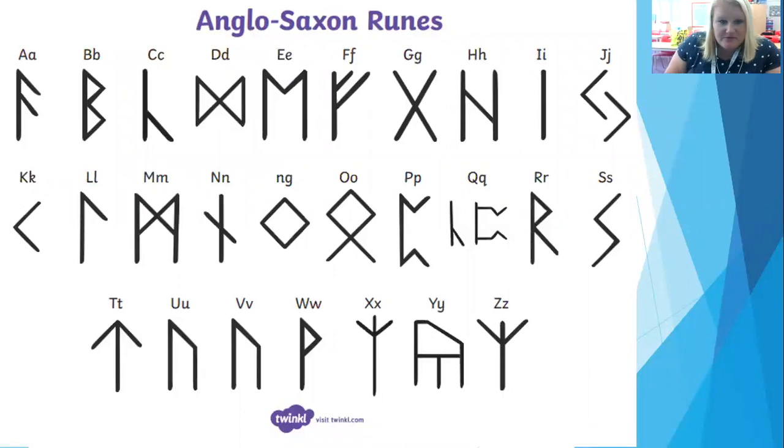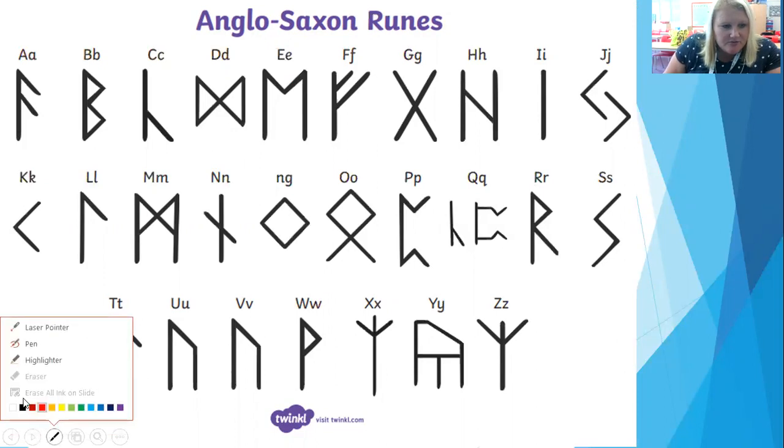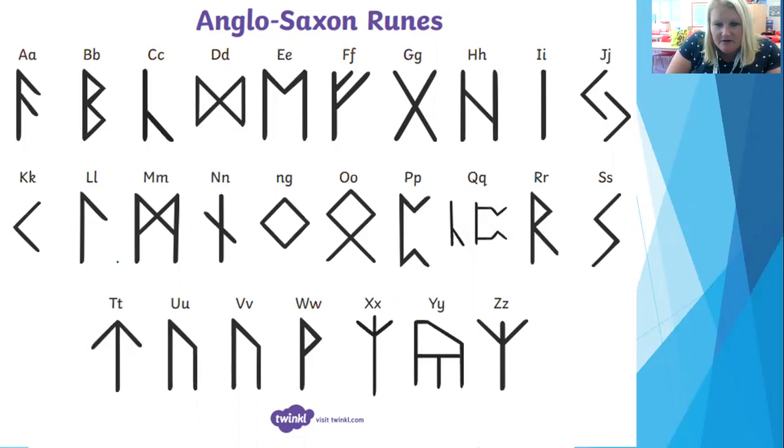So just before I pause, I'm just going to have a go at my name over here. Let's do Furby. So F would look like this. B. Oh, need to work on that one.